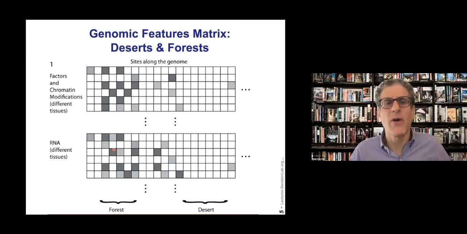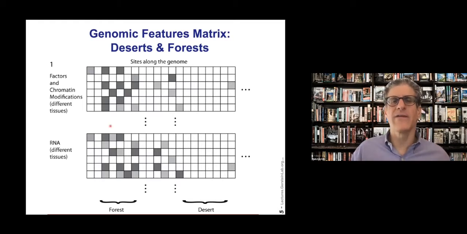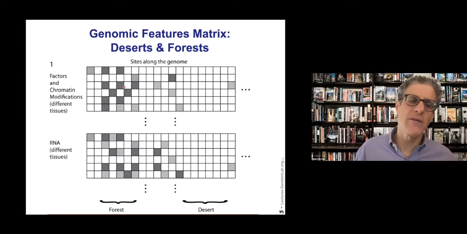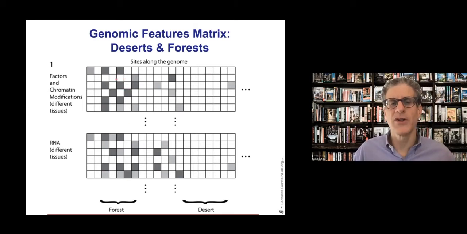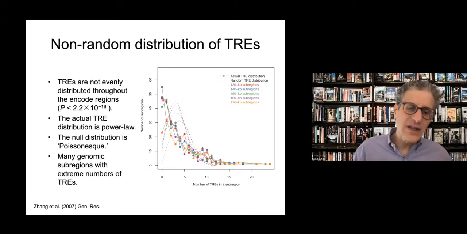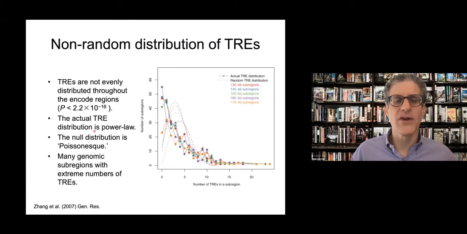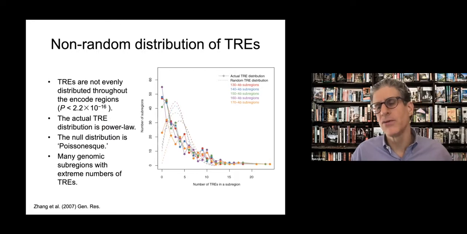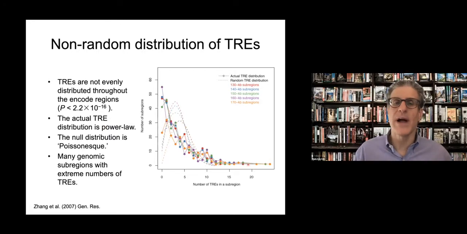And if you think about what's going on here, it's important to keep the physical reality in mind. If these were sites in the genome, this would maybe be an area of the genome where there's a lot of activity, a lot of things being bound, and this might be a genomic desert, nothing's happening, and so forth. It's useful to think about how you could find significantly unpopulated regions.